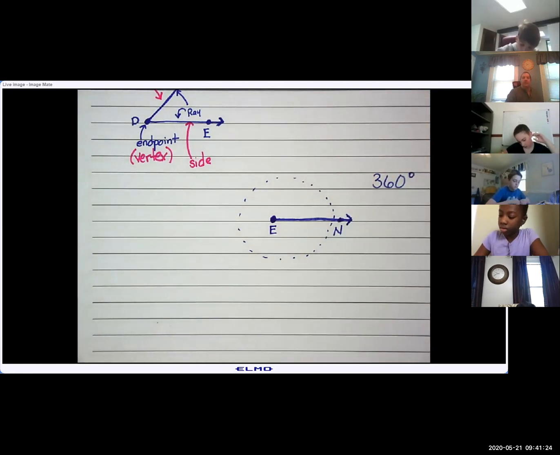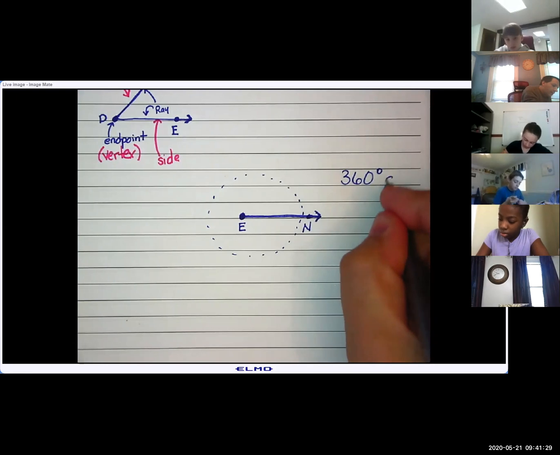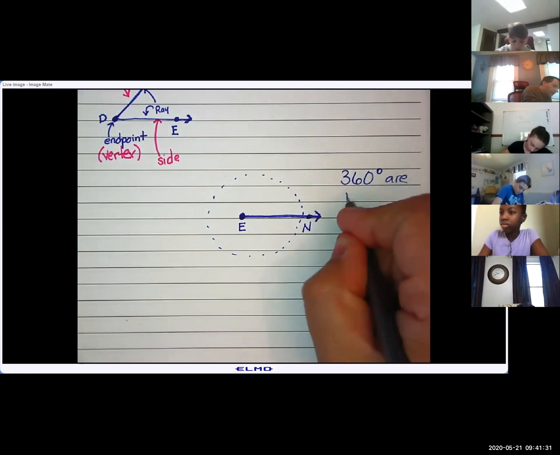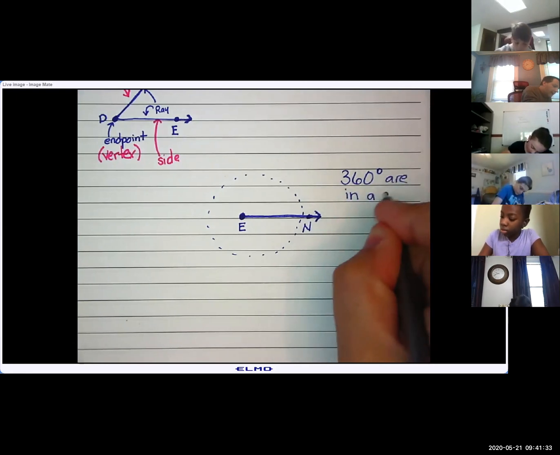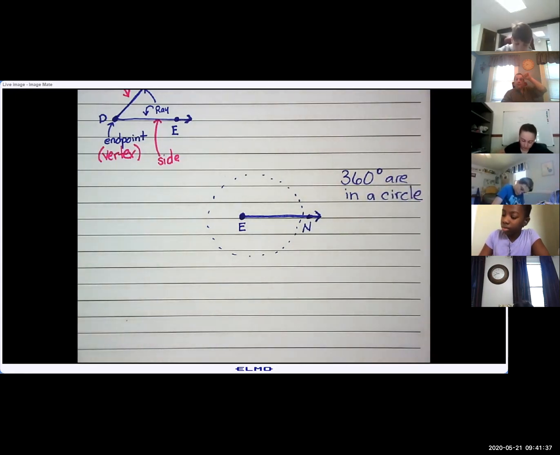That's the little symbol for degrees. There are 360 degrees in a circle. Why? We'll have a conversation about that later.